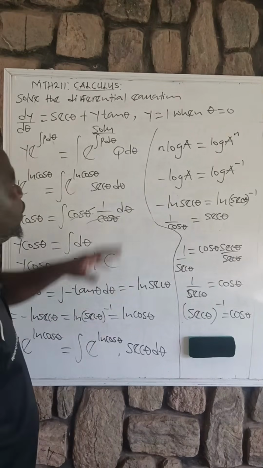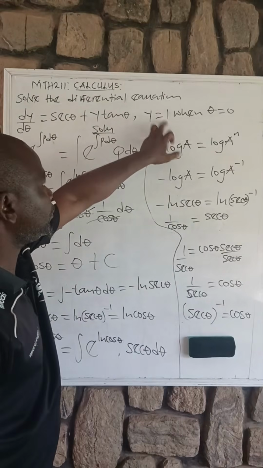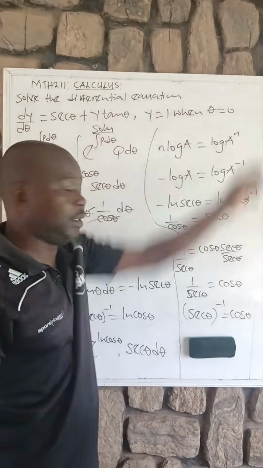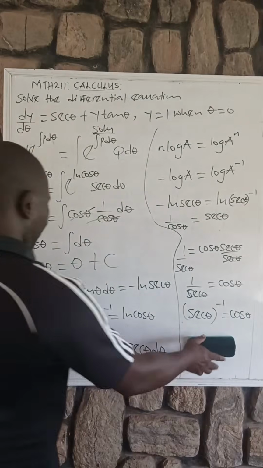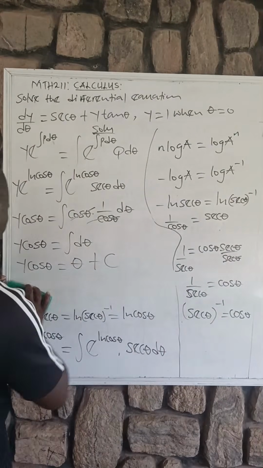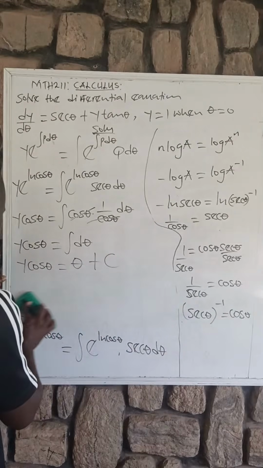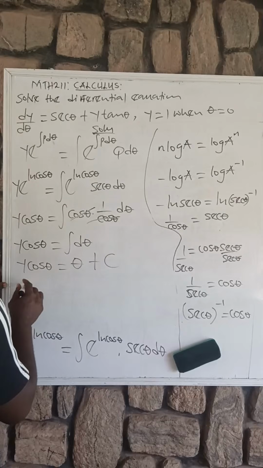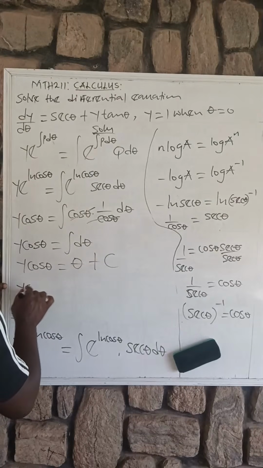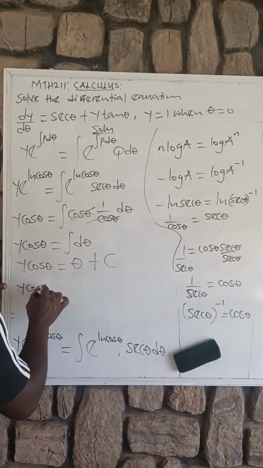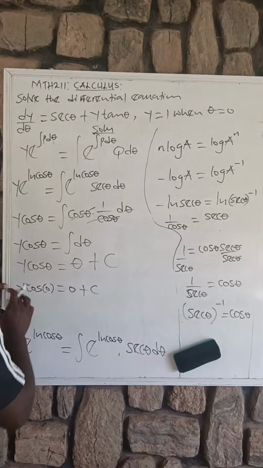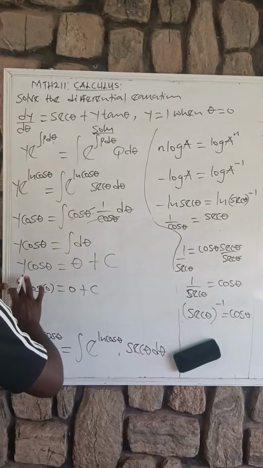So we now consider the boundary condition: when y equals 1, theta equals 0. So far, so good. You don't need a prophet to tell you. So in y cos theta, y is what? 1, right?